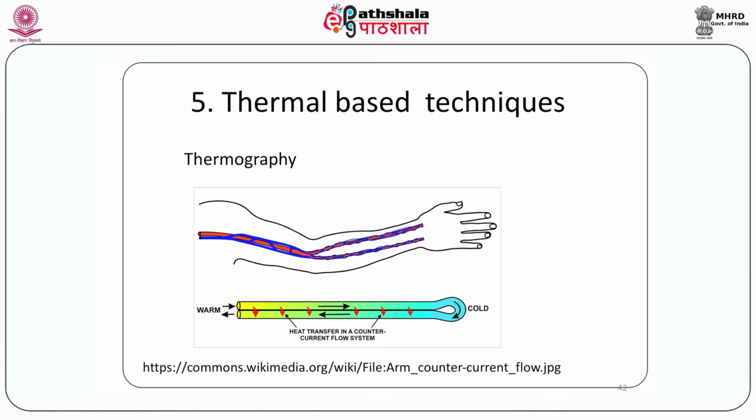Thermal based techniques are also used for measuring blood flow. The principle is simple. The blood in the central pool is always warmer than the peripheral organs at most room temperatures and in colder environments. Therefore, when blood flows to the periphery, it creates a gradient of temperature.